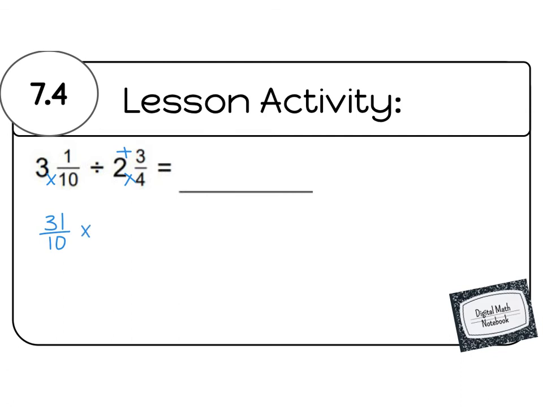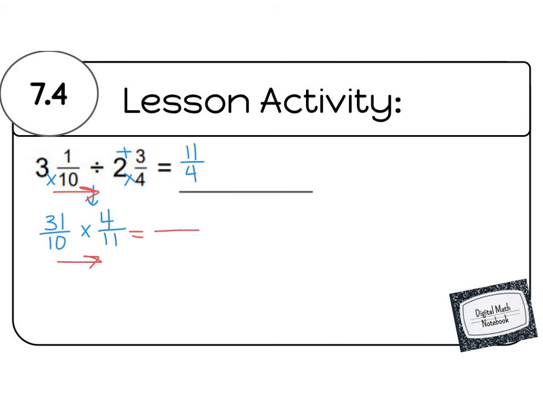Oh, hold on just a second. I did it without even thinking. We're changing our sign, and then we have to flip it upside down. So actually, instead of 11/4, it really will be 4 over 11. Now we're going to multiply straight across the top and straight across the bottom.